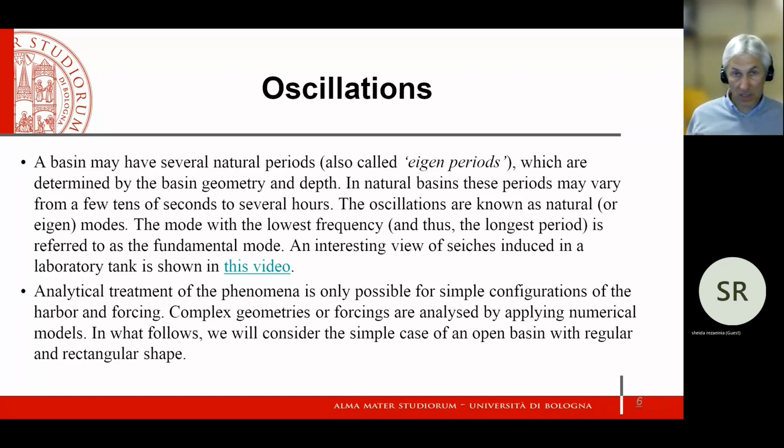And of course, the bridge has a natural period, an inherent period of fluctuation. So if the frequency of the walk of the soldiers is the same as the frequency of the natural oscillation of the bridge, there is the risk of resonance, which may bring the bridge to collapse. In making this example, we refer to soldiers because they are used to walking with the same pace altogether.